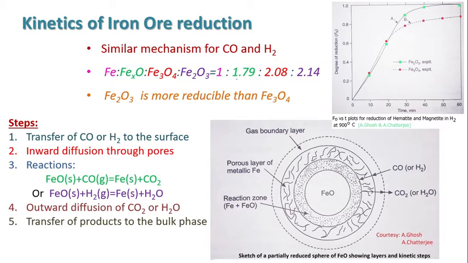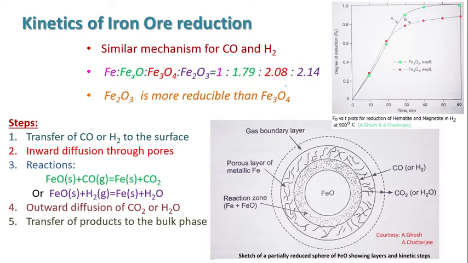In case of Fe3O4, it will be about 2 times, and in case of Fe2O3, that will be 2.14 times. That means the volume goes on increasing. From this we can say that hematite is more reducible than magnetite due to additional porosity development during the course of reduction.